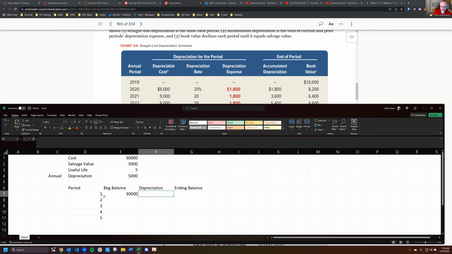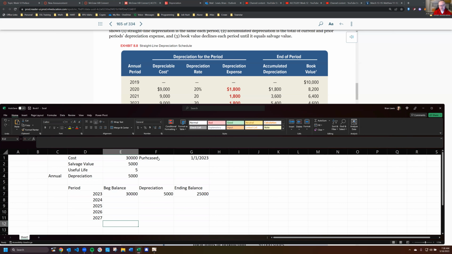The depreciation is going to be this value right here, and my ending balance for the year is going to be the beginning minus depreciation. This assumes I purchased it on 1/1/2023, and at the end of years 2023, 2024, 2025, 2026, this is how it's going to look.